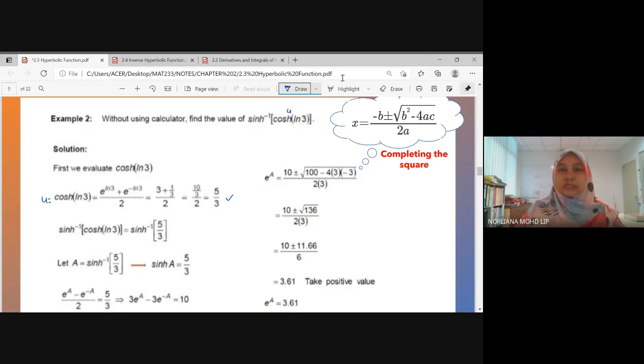Hyperbolic cos x. So the inverse of hyperbolic sine of u, this is the sine of u. Which letter do we use, a? Okay, so equal to hyperbolic sine 5 over 3.